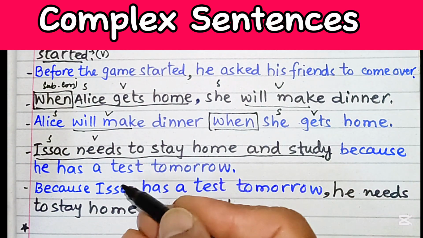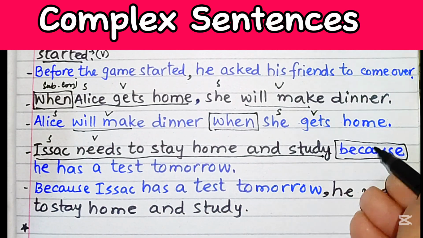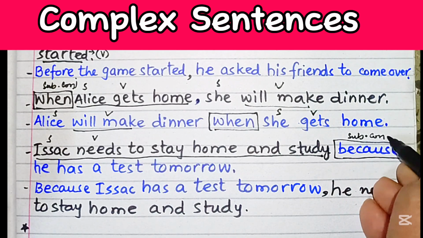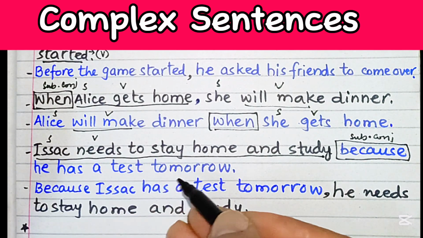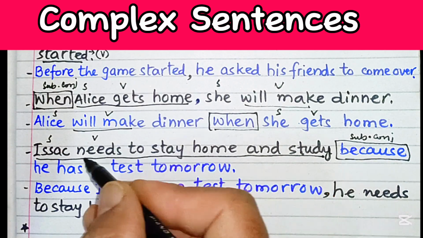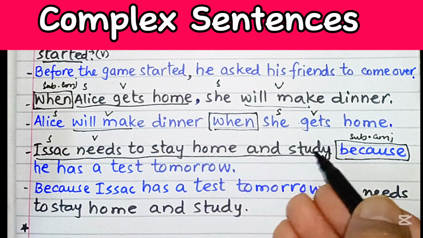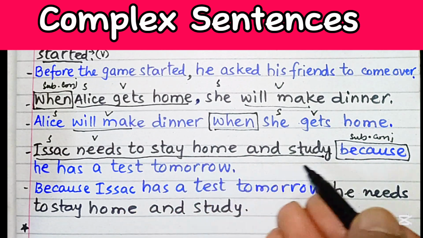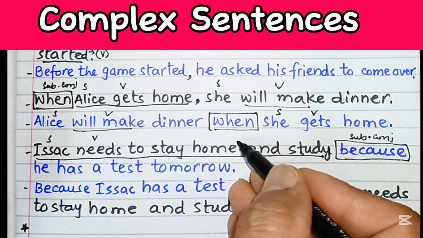And "because he has a test tomorrow" is connected with the help of a subordinating conjunction, that is because, followed by the second clause, he has a test tomorrow. So the first clause, "Isaac needs to stay home and study", is an independent clause, whereas "because he has a test tomorrow" is a dependent clause.